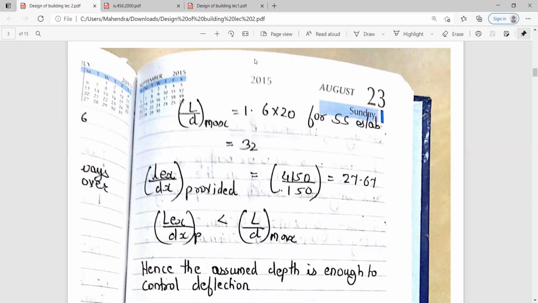So this ratio, LEX by DX provided, is less than the L by D maximum ratio. So your design is safe over here.